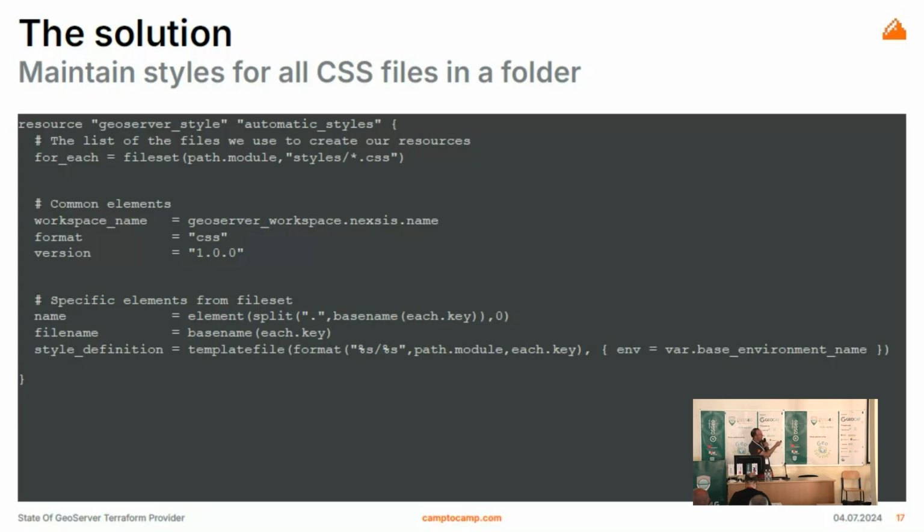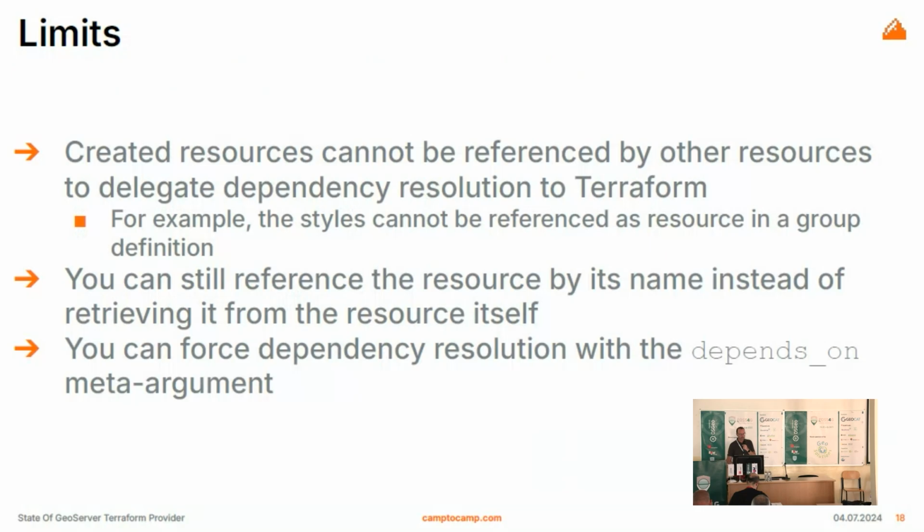And so with this simple declaration, we can handle as many as needed. You just have to add new files into the folder to have Terraform able to create it in GeoServer.